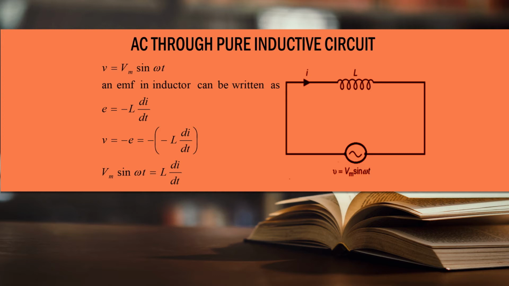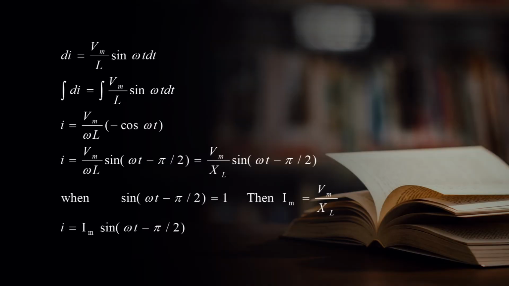Now you integrate both sides, left hand side and right hand side. So it can be written as integration of di equal to integration of Vm upon L sin omega t dt. After the integration, the value you get is I equal to Vm upon omega L into minus cos omega t.